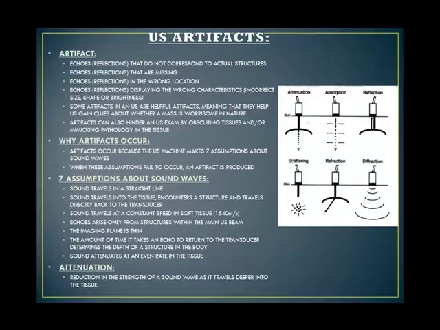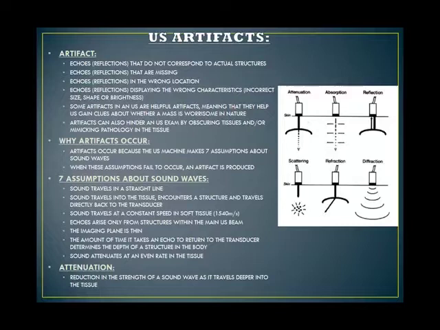Great when that happens. Doesn't always happen. And then also, echoes only arise from structures that are along the main ultrasound beam that travels into the tissue, and not from the edges of the beam. Great when that happens, doesn't always happen.